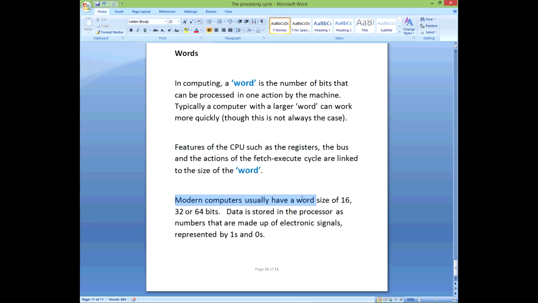Modern computers usually have a word size of 16, 32, or 64 bits. Data is stored in the processor as numbers that are made up of electronic signals represented by ones and zeros.